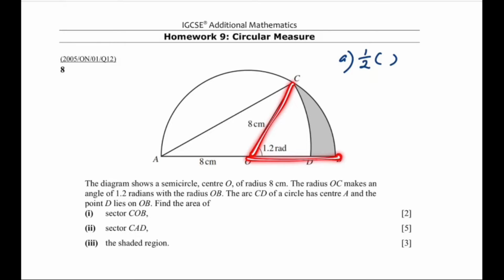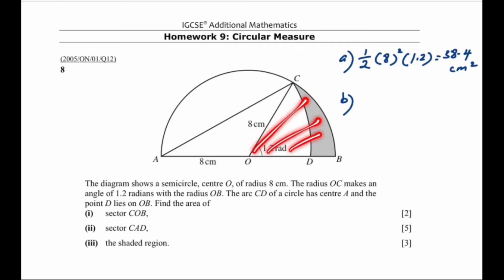R in this case is 8 cm, so 8 square times theta. The angle here is 1.2. So just put it in. Very simple and straightforward. That gives 38.4 cm square. That's the first answer, right? So the area of this part COB is 38.4 cm square.